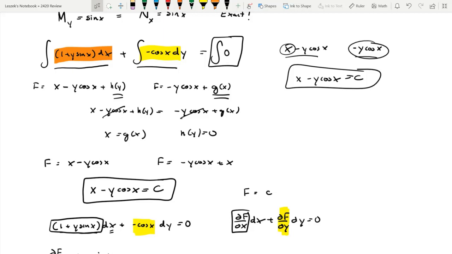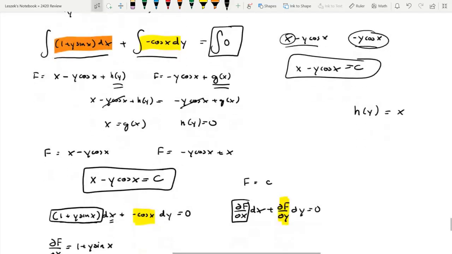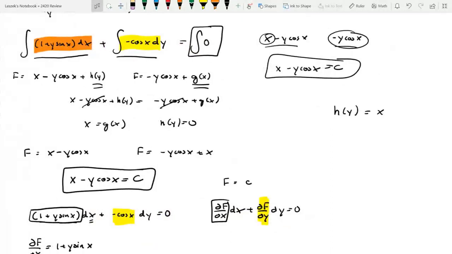So h of y equals 0 and not x? I'm not sure what that means. Why would h of y equal x? That would be a contradiction, right? You're saying some function of y is equal to a function of x. Oh, I think I know what you're saying. It's getting messy in these notes here, but I think you're referring to this, right?